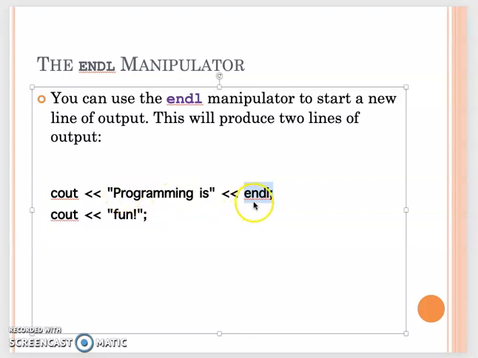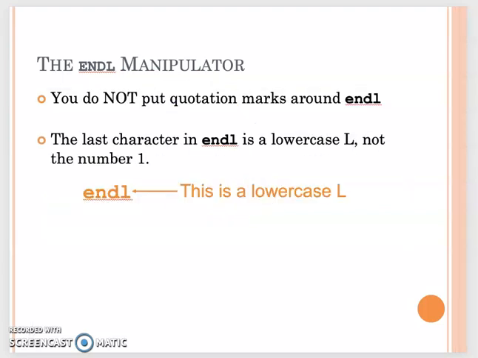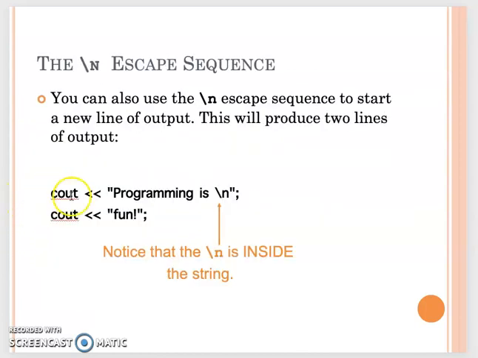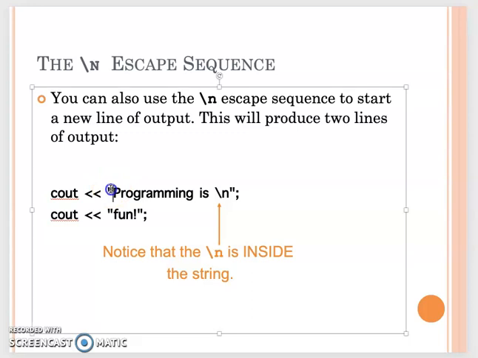You have two different ways to do that. You can either put another insertion with endl, or you can put them in the same string. You see here, I'm using the same string. In the string, inside your double quotes, if you have a \n, this \n actually means the new line.